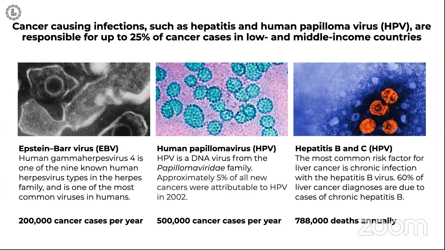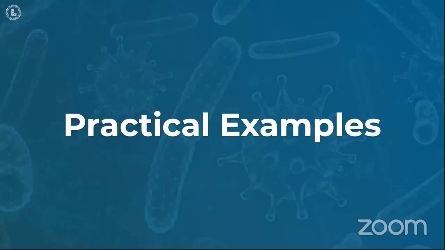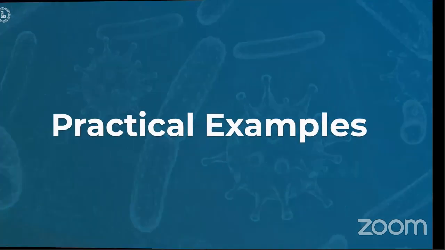So in this program, what we'll do is we will use practical examples from the world of the microbiome, virome, as well as individual species that play major roles in human health and disease. One of the projects that we'll look at is called the American Gut.